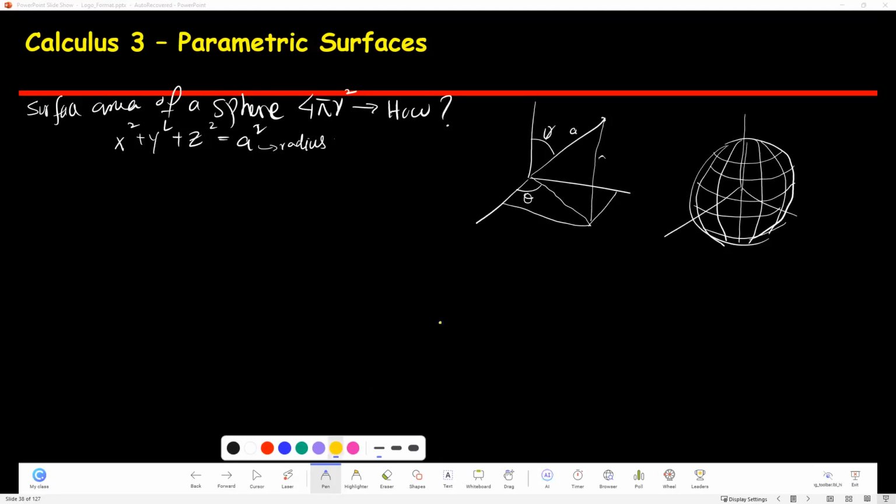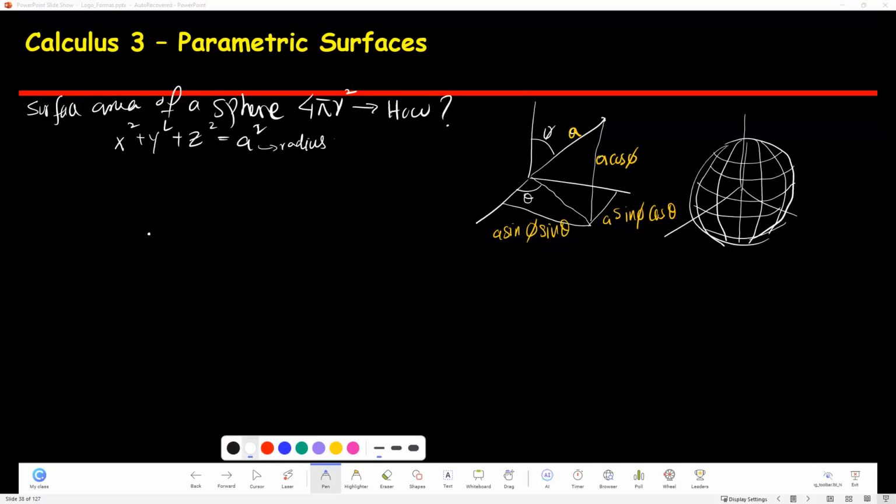So I can just substitute all these values. So this is A cos phi, this is A sine phi cos theta, and this one is A sine phi sine theta.